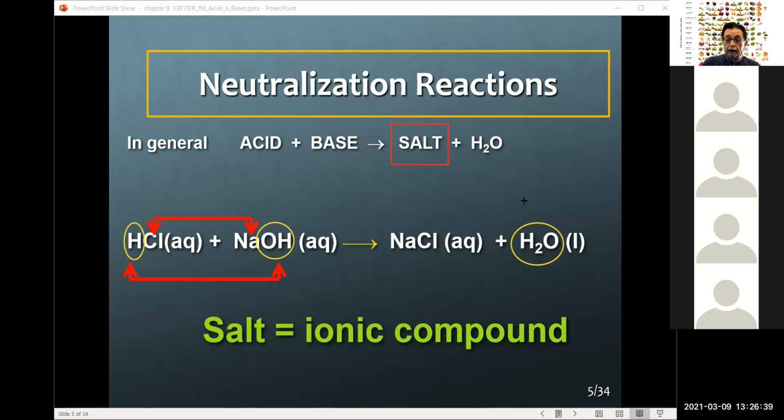Okay. And then we have the salt, which is the sodium and the chloride combined, and we just have the sodium chloride in solution. So remember, a salt is not necessarily always sodium chloride. It's an ionic compound, a combination of a metal and a non-metal.